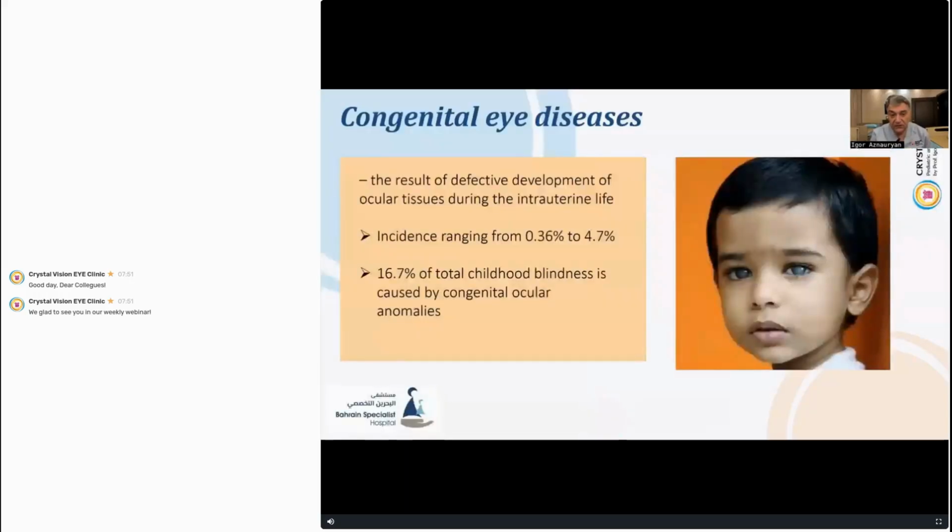Well, here is the statistics regarding this pediatric eye pathology. It should be noted that congenital pathology leads to blindness in 16.7% of cases, and this is a very high percentage. That is, out of all congenital anomalies, almost 17% of children go blind.